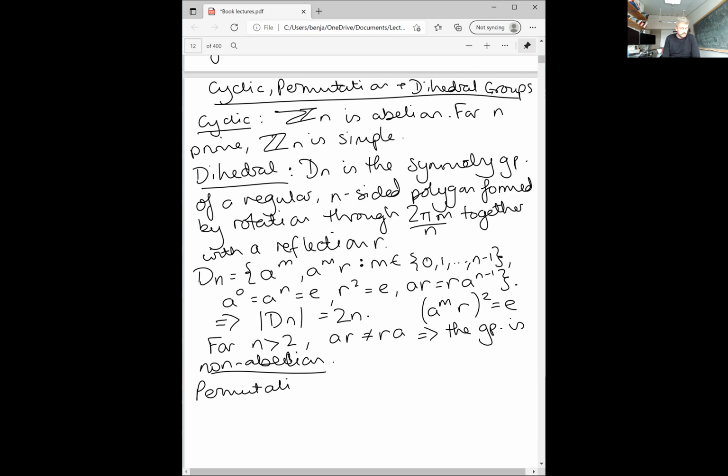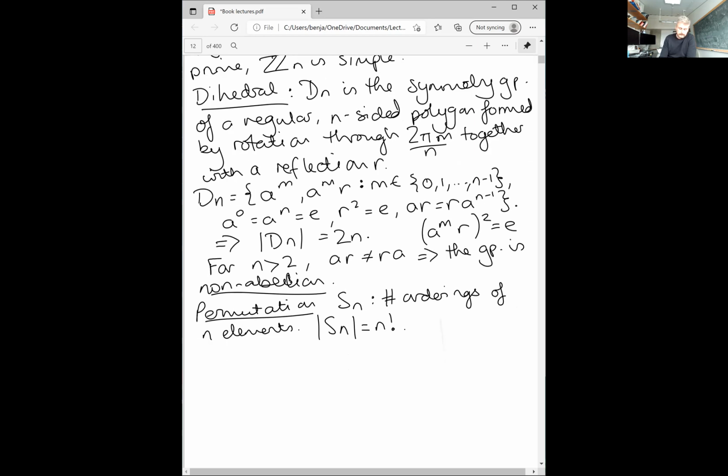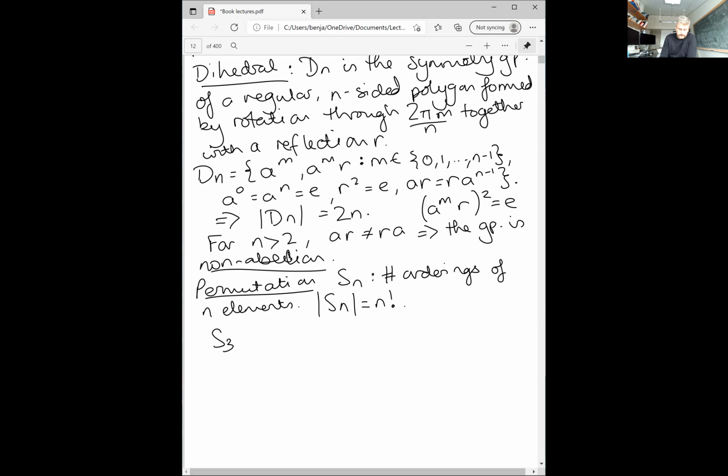In other words, permutations. So here, this group is Sn, and it's the number of different orderings of n elements. And so the order of Sn is n factorial. And in fact, S3 is isomorphic to D3, for instance.